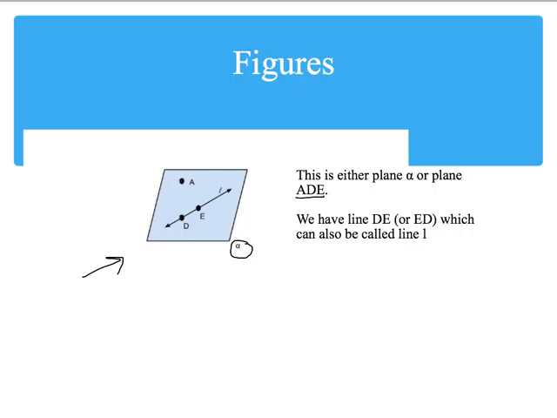Also within the plane, we have line DE, which we could also call ED. It doesn't matter the order that we call them. And if I wanted to just use symbols, I would put the line symbol over top of those capital letters. I could also just refer to that line as lowercase l, since it's also labeled that in the drawing.